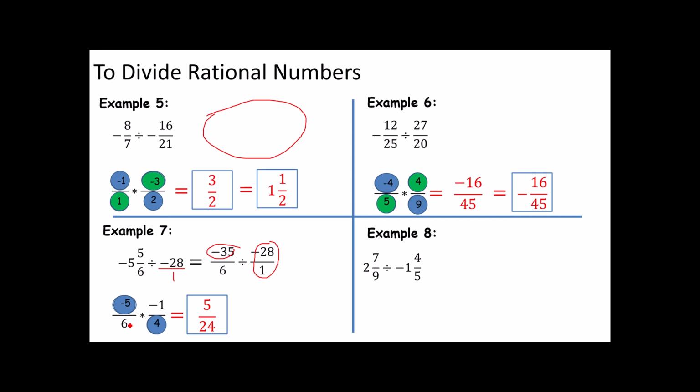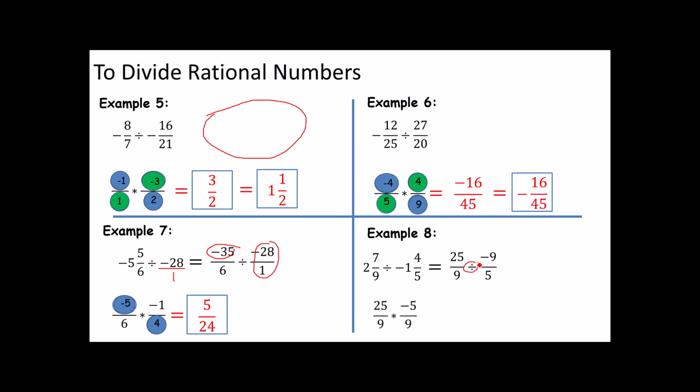Last one, again, mixed numbers. Make sure you make them improper first. This is 2 times 9 is 18, plus 7 is 25/9, divided by 5 times 1 is 5 plus 4. That's 9/5. Don't forget your negative sign. Once you've done that, let's change it to multiplication.